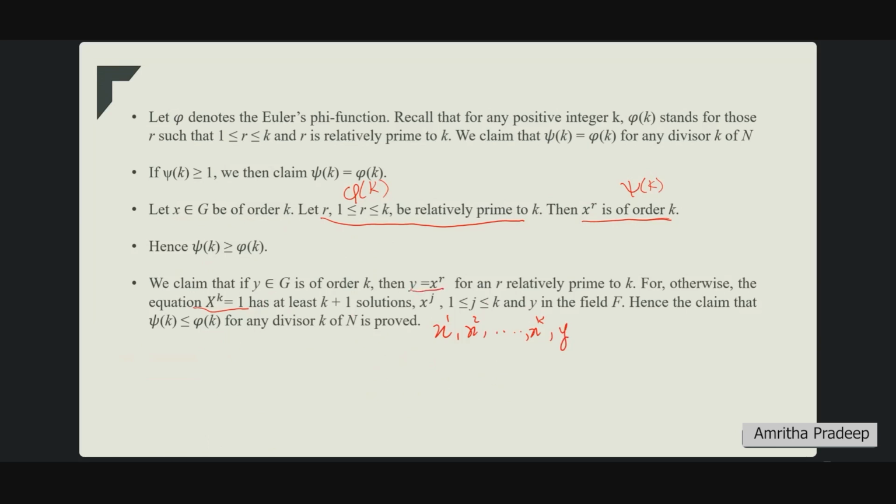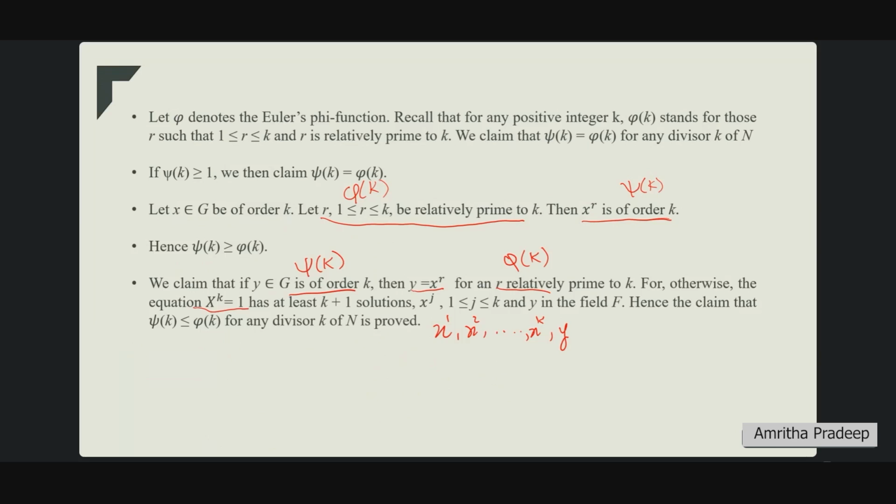So y has to be of this form. So what we have done here is we've taken an element which is counted in psi of k and showed that it is counted in phi of k as well. So from this, we can say that psi of k is less than or equal to phi of k. Note that psi and phi are both counts of something, so unlike subsets, we cannot say it belongs to. We have to say it is counted in.